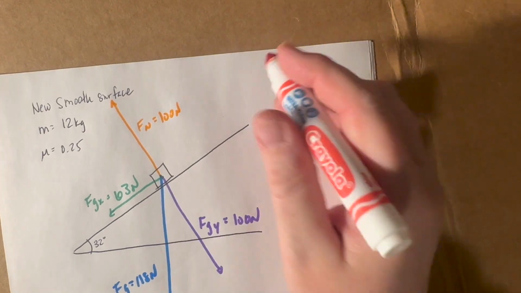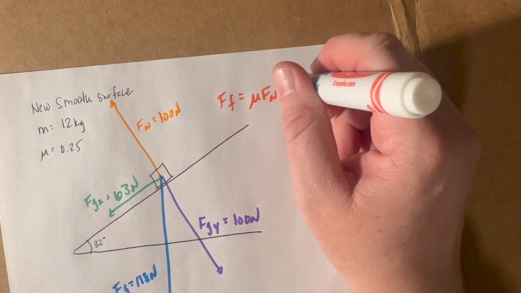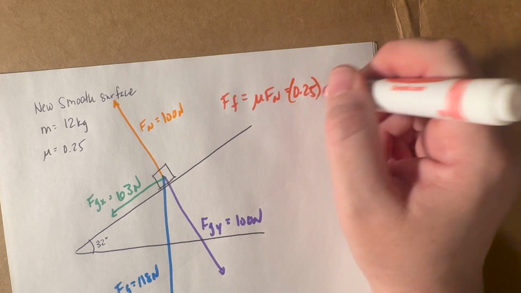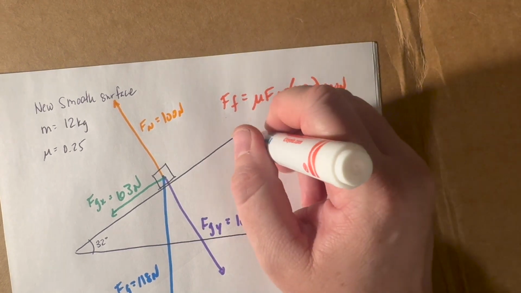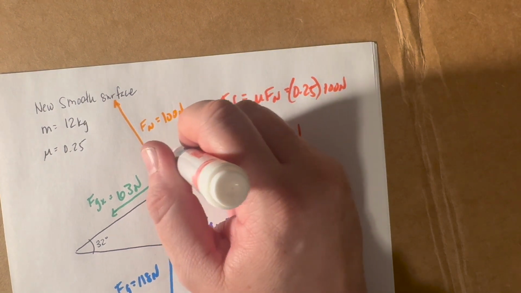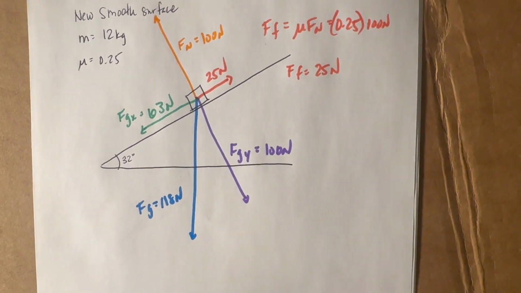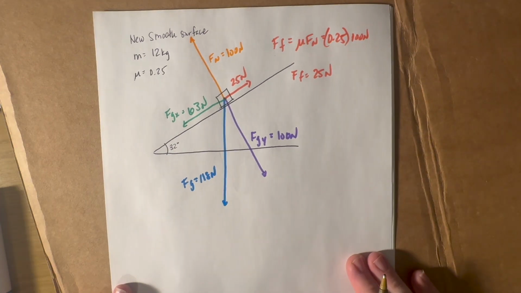And then we're going to need to use our equation and our coefficient of friction in order to figure out our force of friction. So our force of friction is equal to mu times our normal force, so 0.25 times 100, which gives us a force of 25 newtons in the way of friction. Now we can figure out what's going on in the way of our acceleration overall.